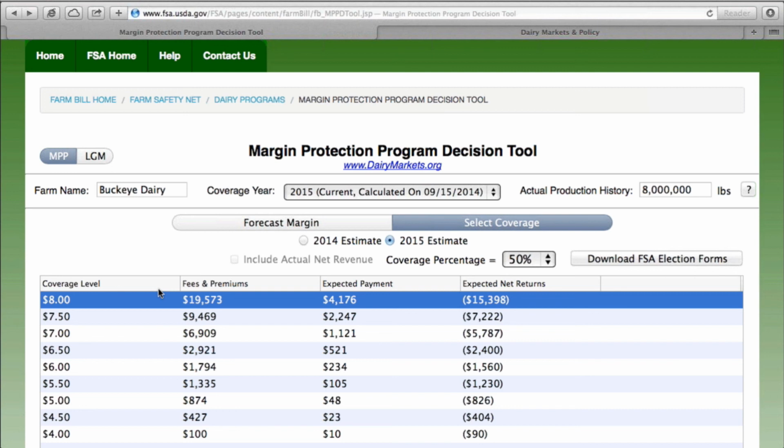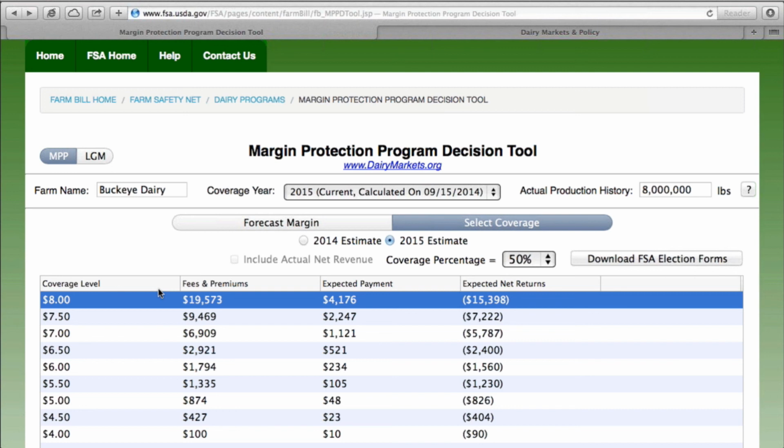Can I purchase LGM after I enter into MPP, and would this simply remove me from MPP since I cannot be in both? Once you sign up for MPP, you can no longer use LGM dairy. However, you could continue to use LGM dairy and defer your MPP decision until your LGM dairy contract expires.